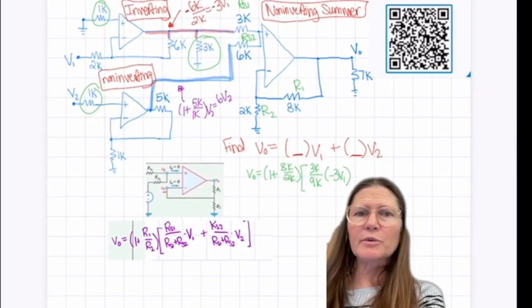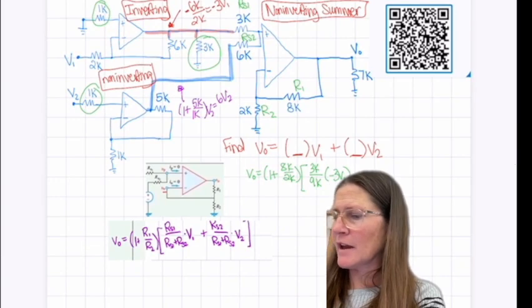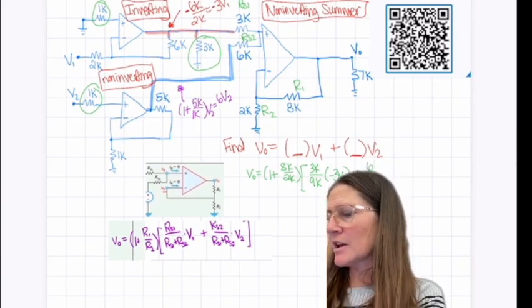Then plus 6K over 9K times that input, which is 6V2.